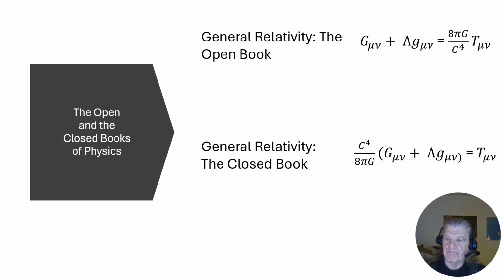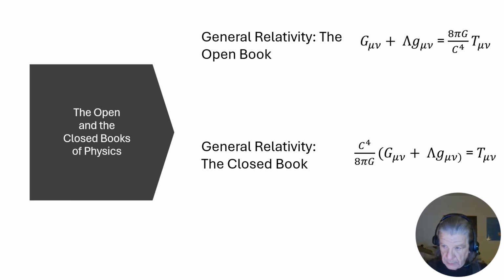The basic thing that you're looking at is that on the left side of the equation is the geometry of space-time. And on the right side is the stress energy tensor T sub mu nu, and the Einstein gravitational constant, kappa.